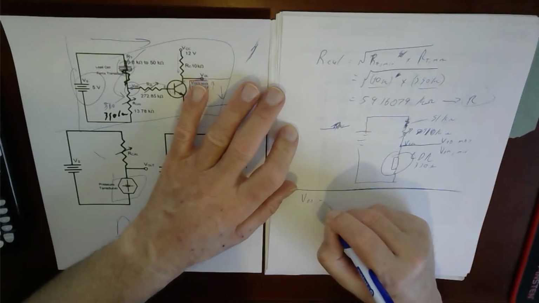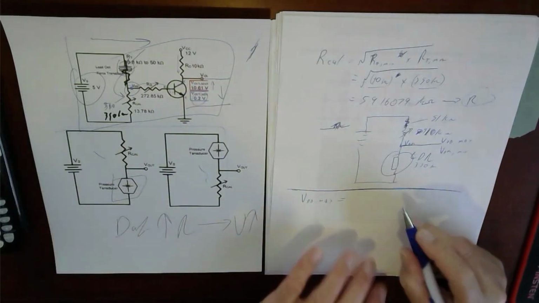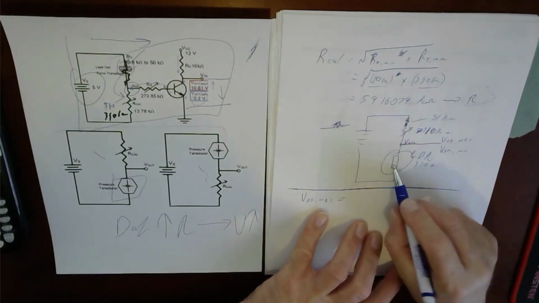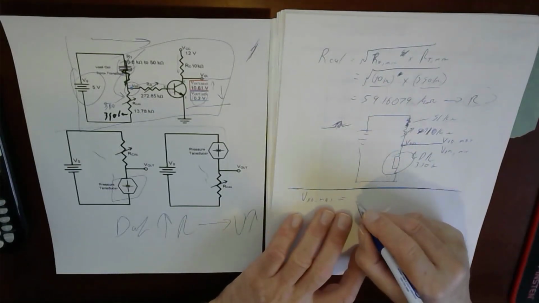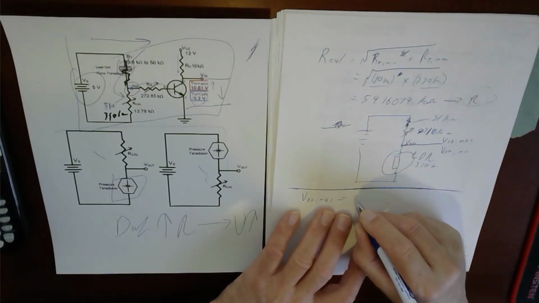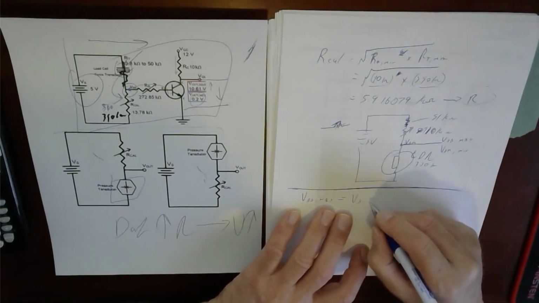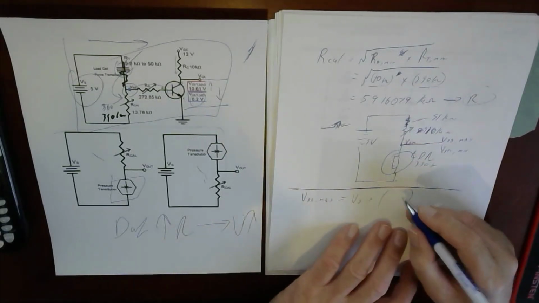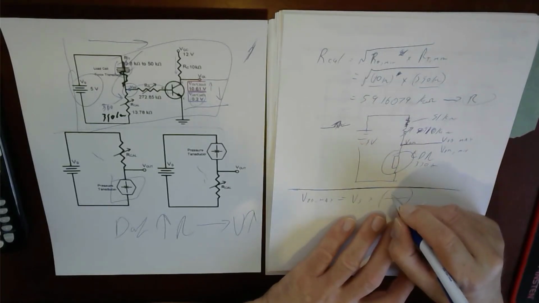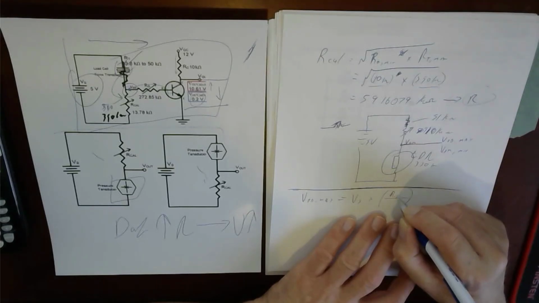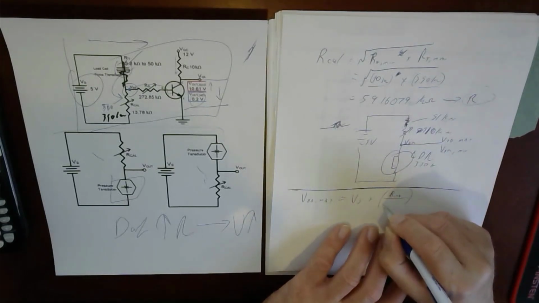VBB max equals, when this is at its highest value, the VS, so that's 5 volts, times, in this case, it's just a voltage divider, right? So I'm looking for the voltage drop across this. So that's the resistance max, and then that's going to be over the addition between the two.